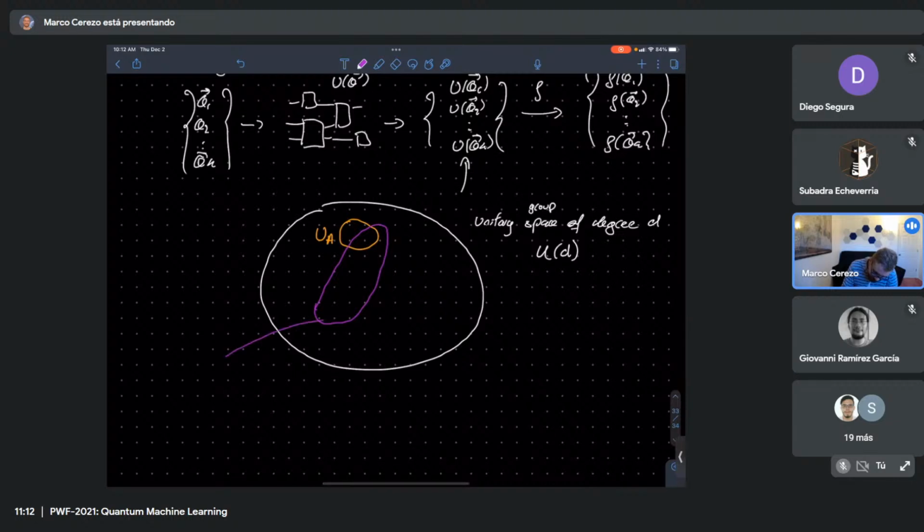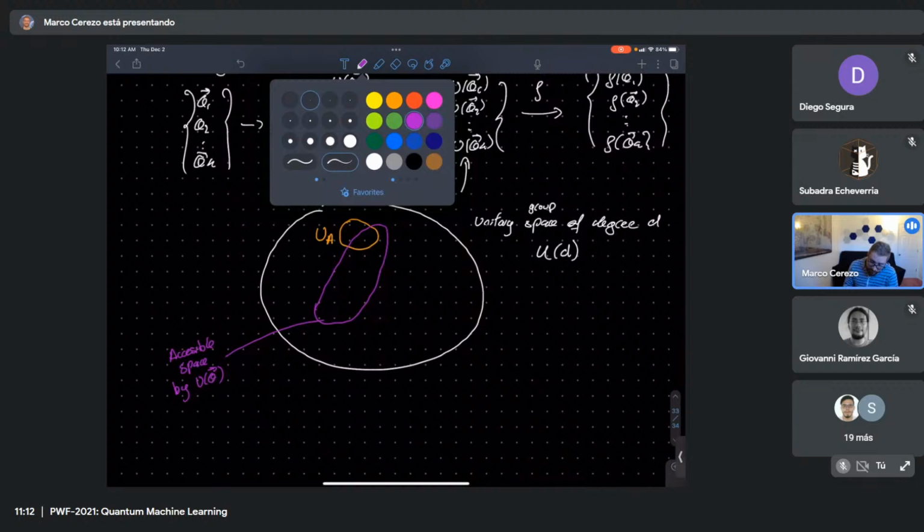This right here is the accessible space by U of theta. If this accessible space overlaps with the solution of my problem, then I might be able to find a solution by training. And a lot of times, whenever we use a problem-inspired ansatz, we try to narrow down the space of unitaries that we explore so that hopefully it contains the solution to our problem.